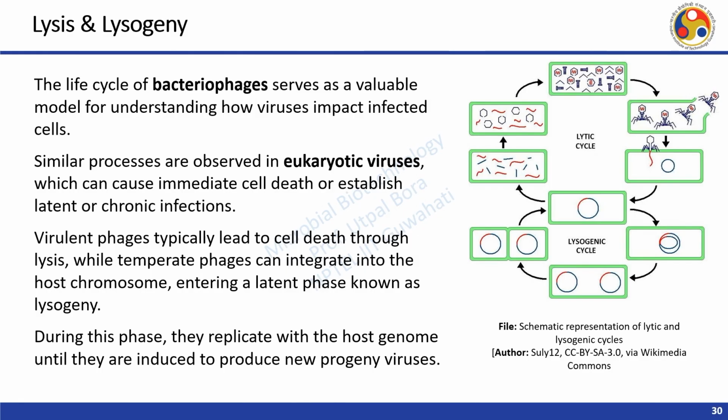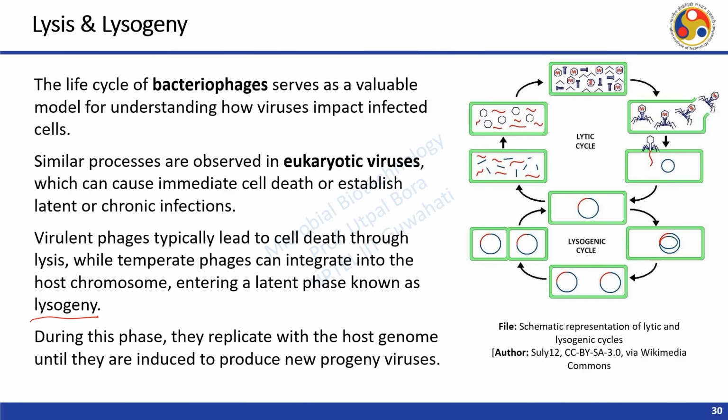Virulent phages typically lead to cell death through lysis, while temperate phages can integrate into the host chromosome, entering a latent phase known as lysogeny. During this phase, they replicate along with the host genome until they are induced to produce new progeny viruses.